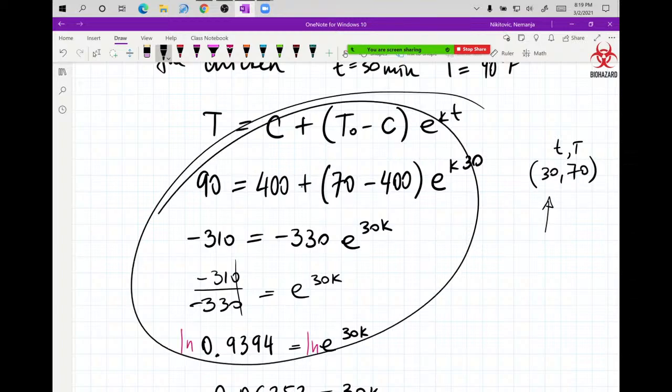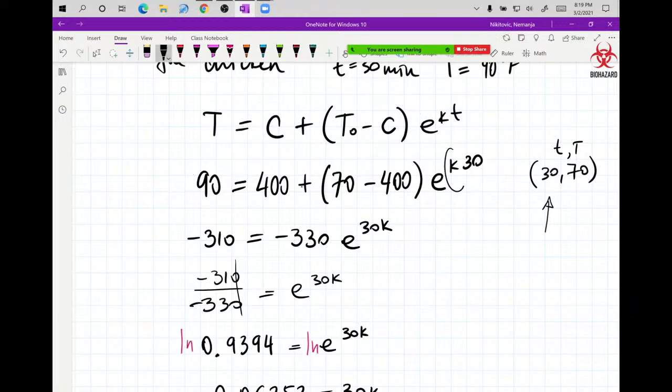Then you get to do your calculation for K. Because remember, the K calculation here took the 70, sorry, this was 90, not 70, 90. 30 minutes in, 90 degrees temperature, and 70 was the initial temperature going in. So in 30 minutes, the temperature went up 20 degrees.